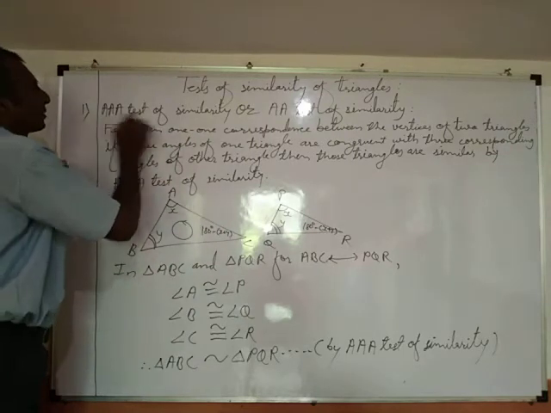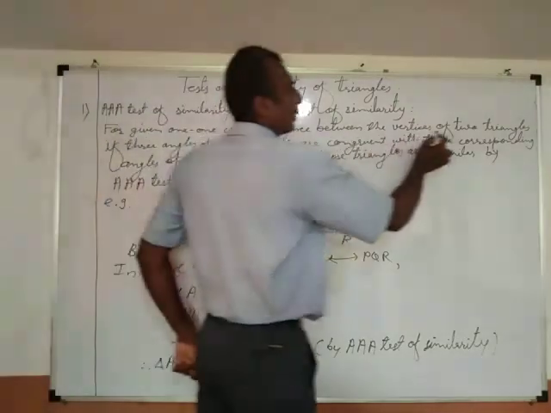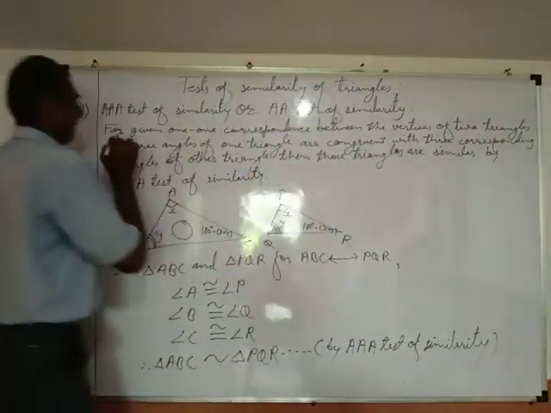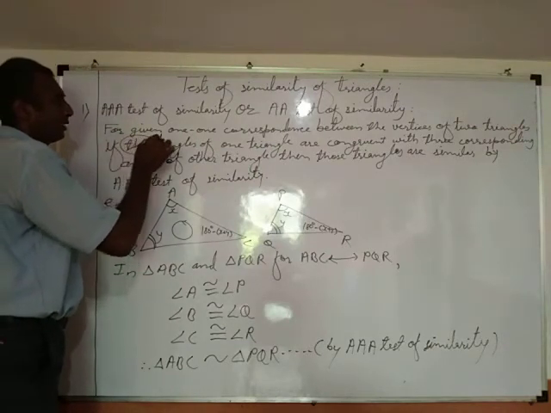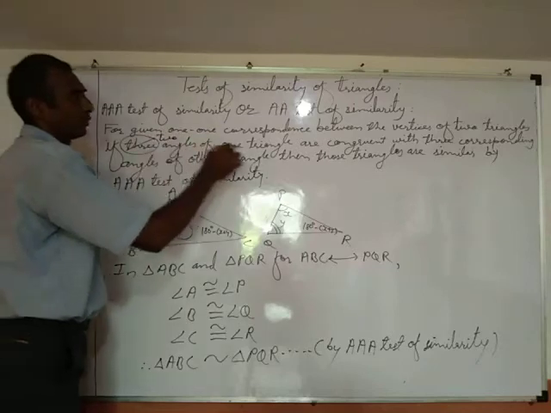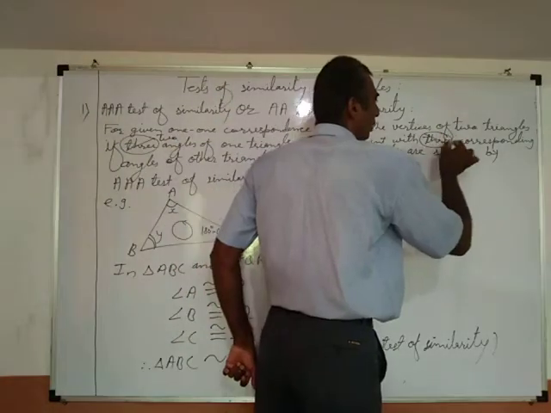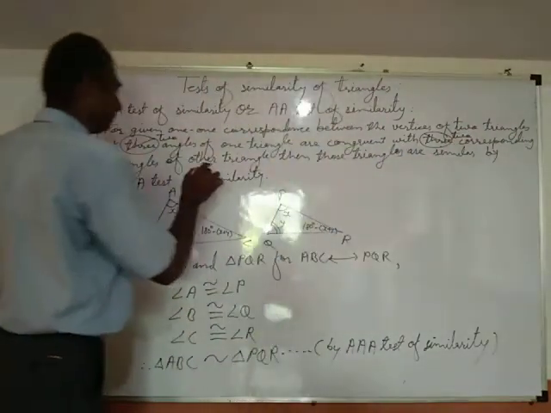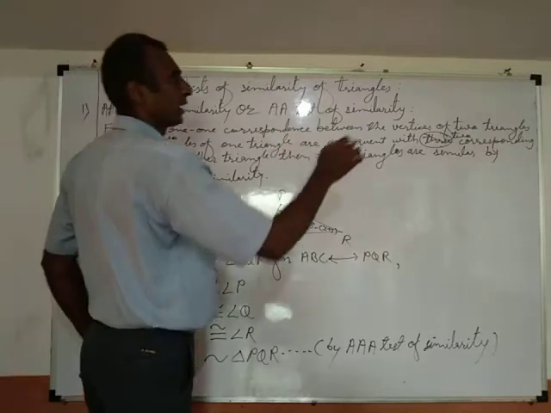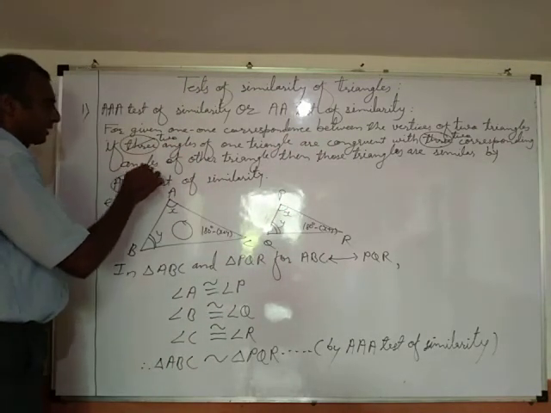In that case, we can write for given 1:1 correspondence between the vertices of two triangles, if instead of three, we say two angles of one triangle are congruent with two corresponding angles of other triangle, then those triangles are similar by AA test.